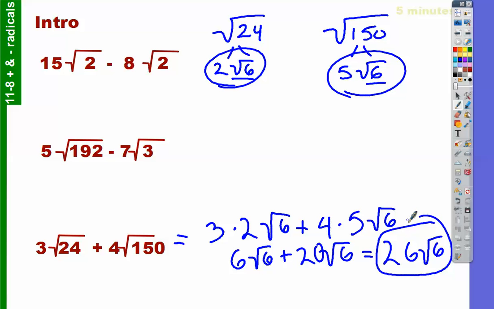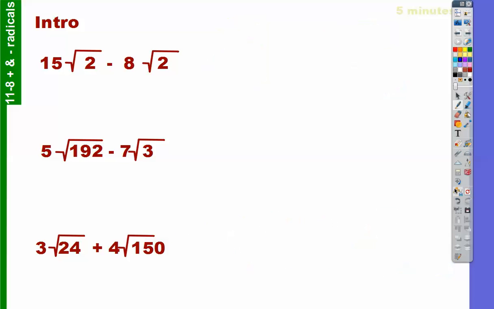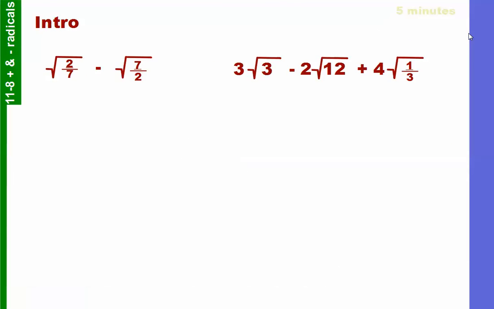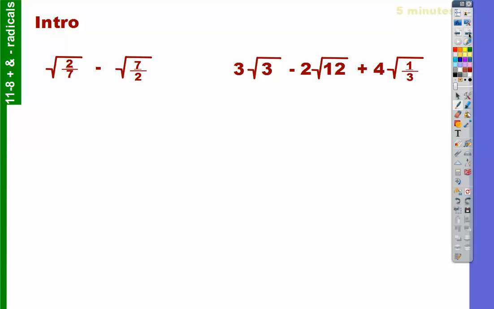Simple. So let's take this idea to slightly more complicated problems. All right, so now we have fractions as well as a problem that has several square roots in it.